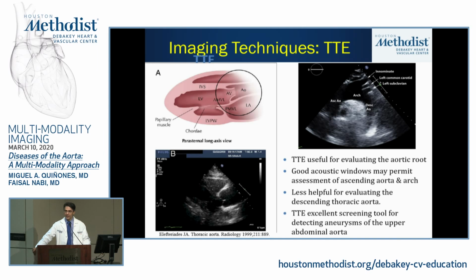However, as you know, with echocardiography, you're dependent on your acoustic windows and whether the patient can produce good images, so it may be compromised in some patients. And of course, you're unable to see the descending thoracic aorta, but you can see the abdominal aorta, and it can be a very good screening test for aneurysms.